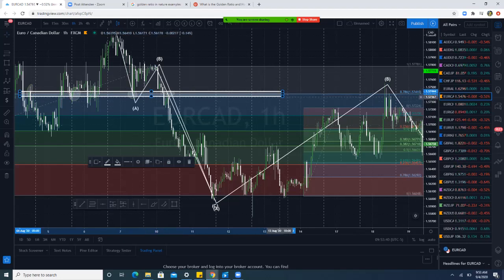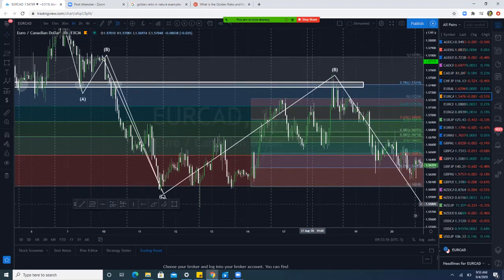So I see that this is a good zone, and I would draw my Fibonacci out. I see that it's also lining up with the 78.6 at this zone. That's the strongest zone in the area, so that's just more confluence.